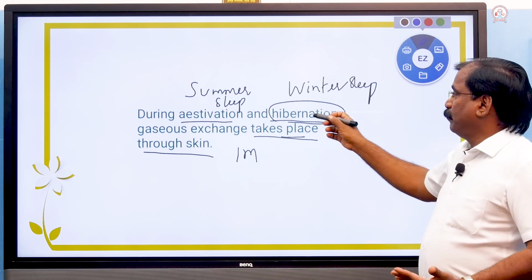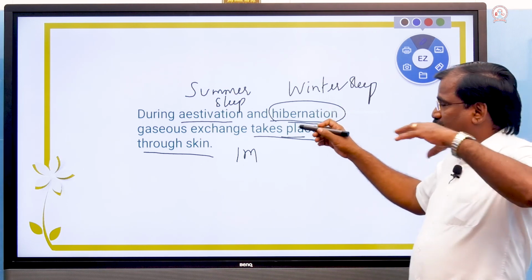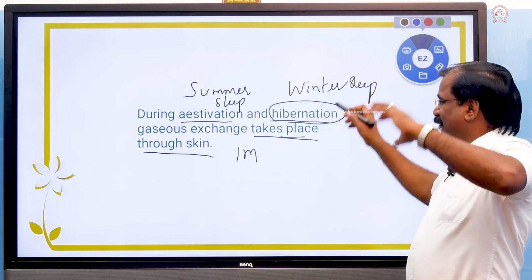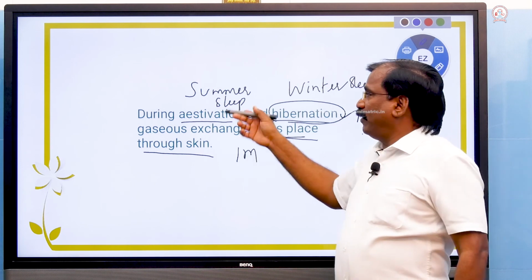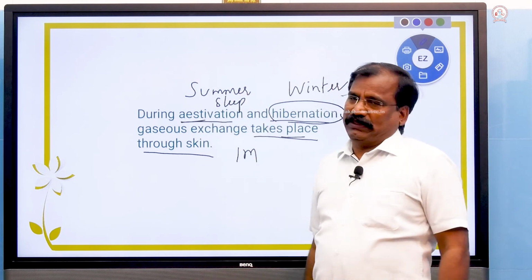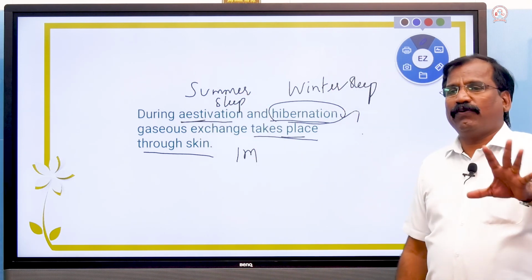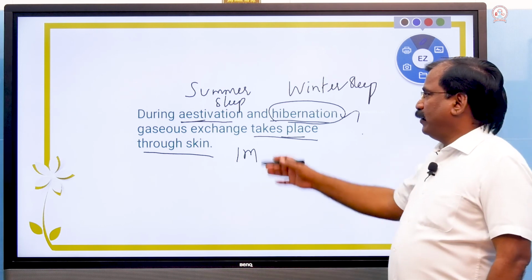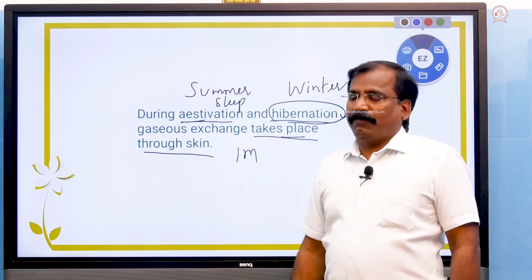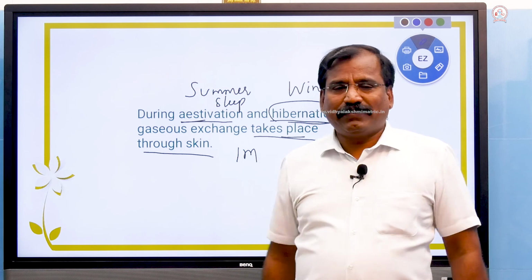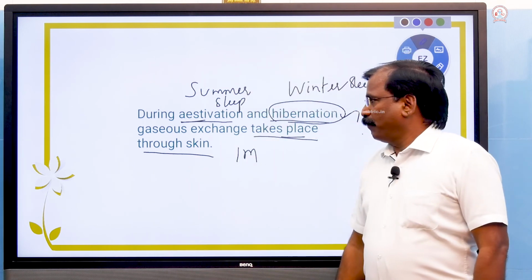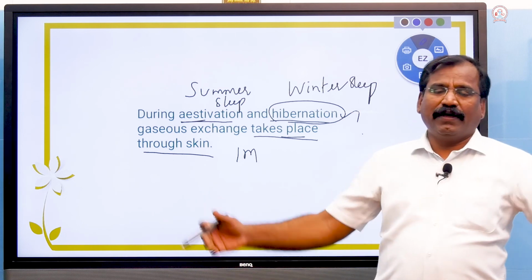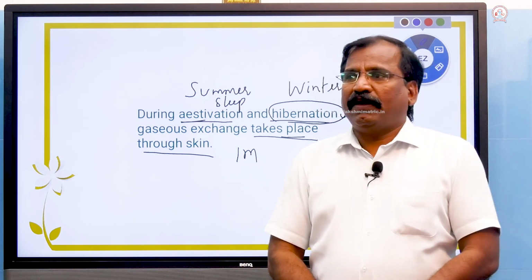If it is during the winter, it is hibernation, that is called winter sleep. Extreme summer is estivation, a stage of inactivity. At that time, it respires only through the skin. Okay, that's all. This is about the respiration in frog.